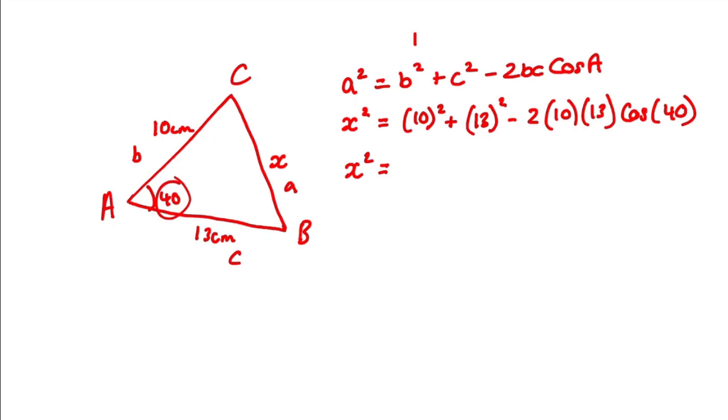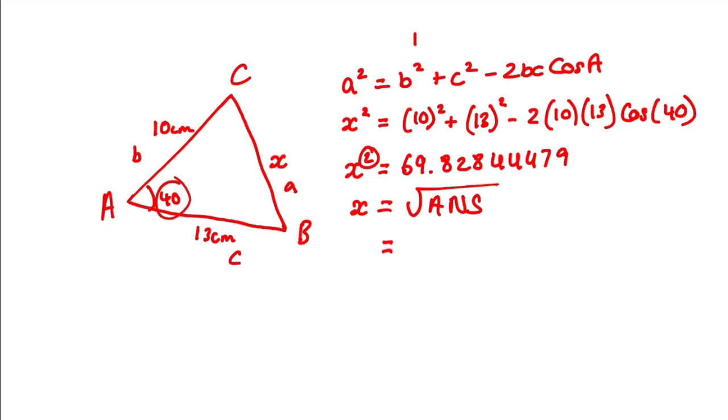So it's 10 squared plus 13 squared minus 2 times 10 times 13 times cos 40. And that gives us an answer of 69.8284479. We don't want x squared, we just want x, so we're going to square root that answer.